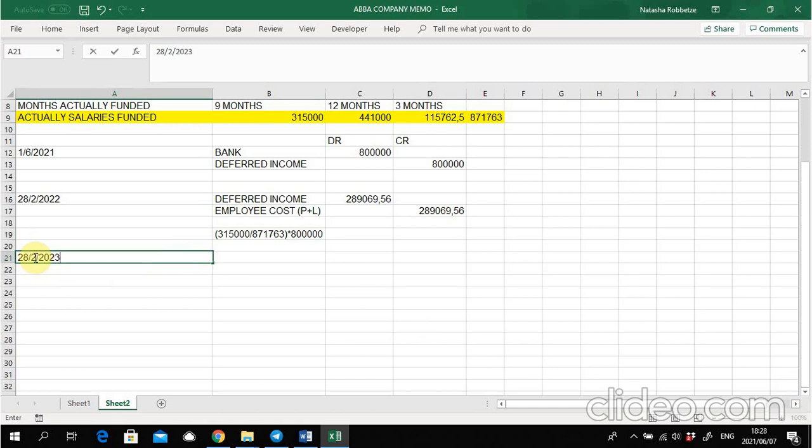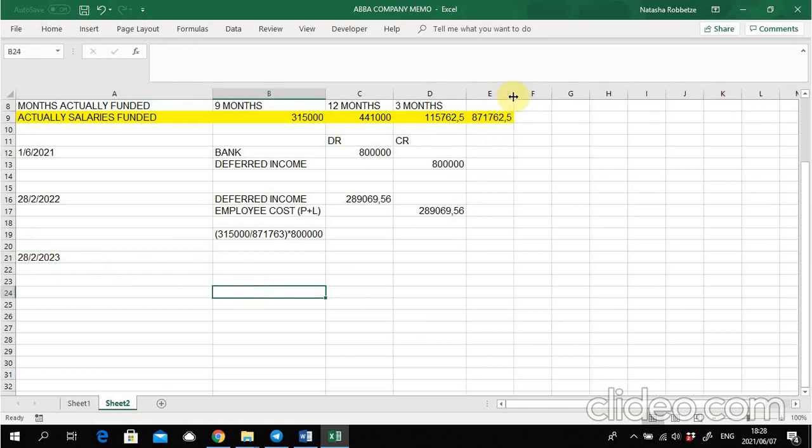For that year, we are going to say this should actually be based on 871,762.50, I notice now, if we want to follow the rule strictly. So let's just make sure in terms of rounding, this answer is correct.